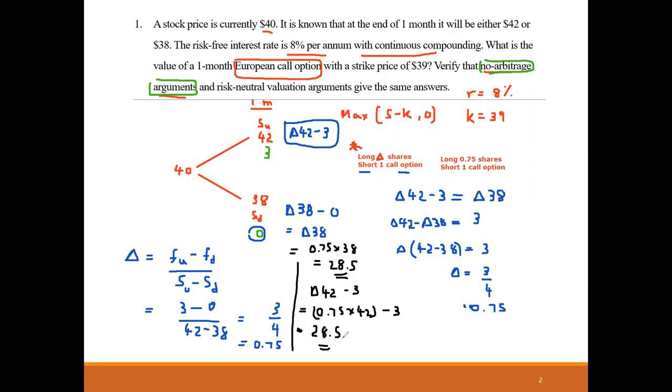So one of the students is asking how we assume whether we take a long position in shares and a short position in the option. Here, if you're using this formula, then you have to assume that you take the long position in shares and a short position in the option, right?